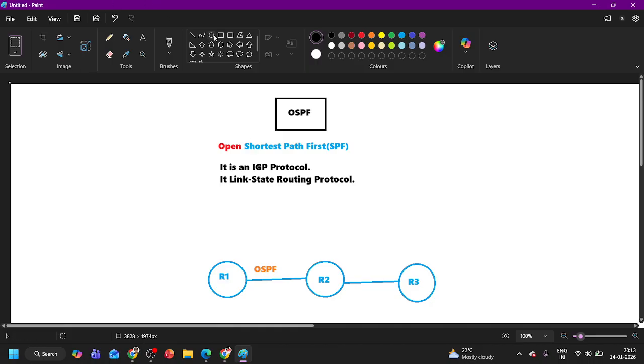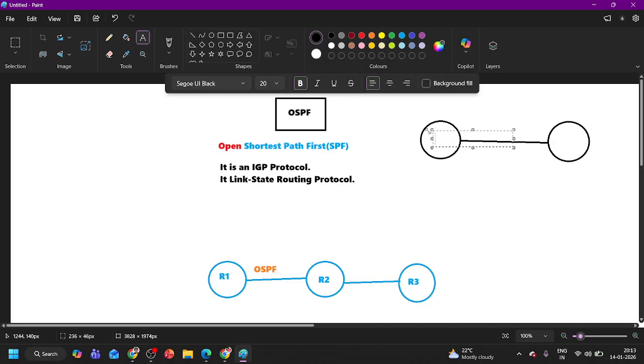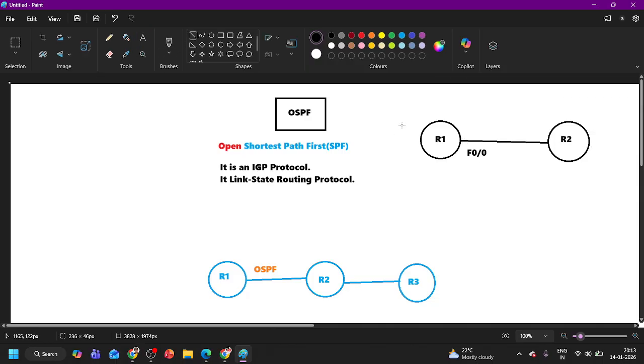Let me explain. Let's say I have router number 1 and router number 2, both connected like this, and this is F0/0. On router number 1 I have some LAN subnets behind it. You can imagine some loopbacks.